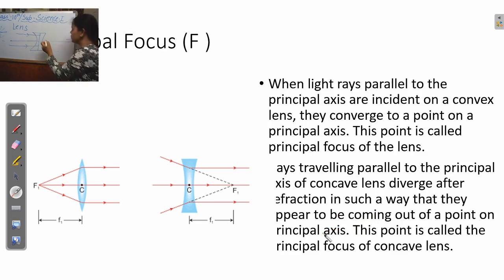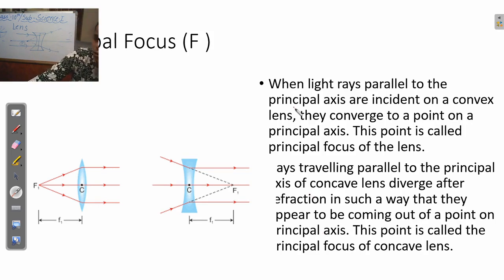See here, they diverge, and if we extend these refracted lines backward, they meet at a particular point. This is called F, the principal focus of this concave lens.